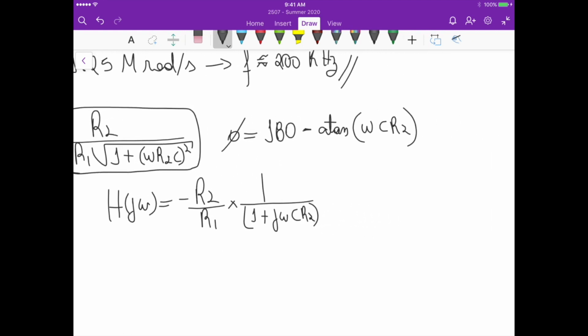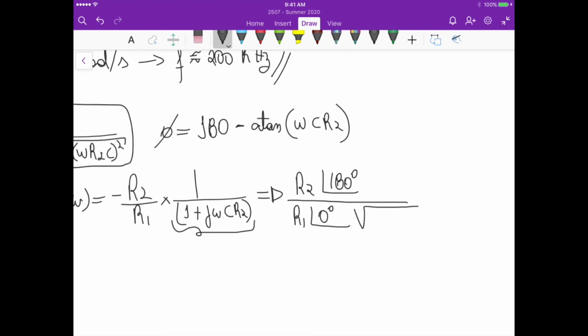But if we write this in the polar form, we get R2, and the angle of this R2, because we have a minus, is 180 degrees, right? And then we divide that by the magnitude of R1, which is just R1, with the angle of 0 degrees, because it's just a real number. But then this complex number here, we write its magnitude as the square root of 1 squared plus (omega C R2) squared, the square root of the real part squared plus the imaginary part squared.